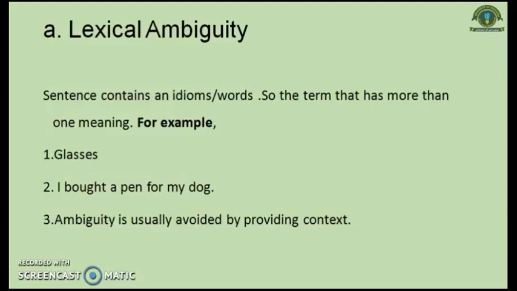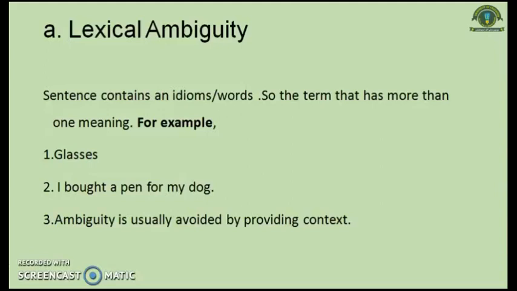Another example of lexical ambiguity is, I bought a pen for my dog. Here the question arises, why did you buy a pen for your dog? The dog is not able to write.